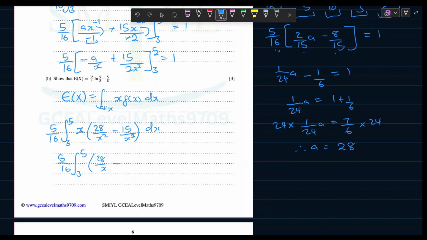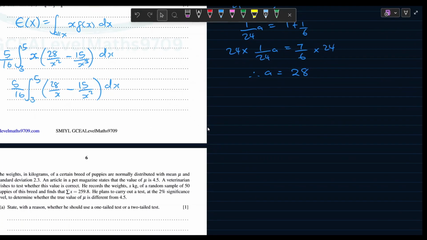And then for the second term, it would be minus 15 over x squared, and this is with respect to x. So if we take it to the side here, what we're going to have is 5 over 16, the integral from 3 to 5, and then we've got 28 over x. Then I want to bring the x squared up so that we can integrate it. So that's 15x to the negative 2. And this is with respect to x.